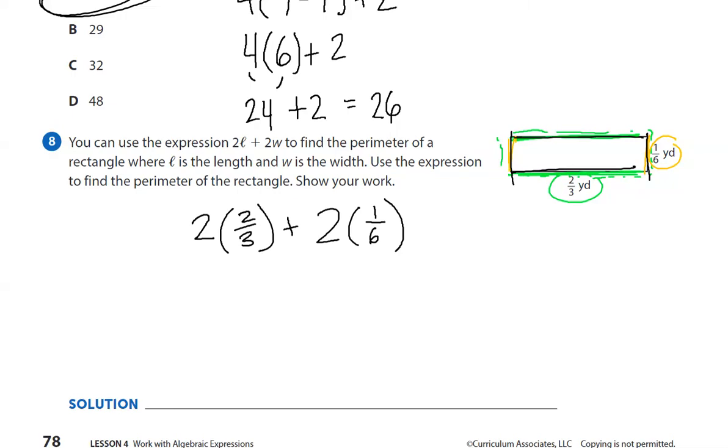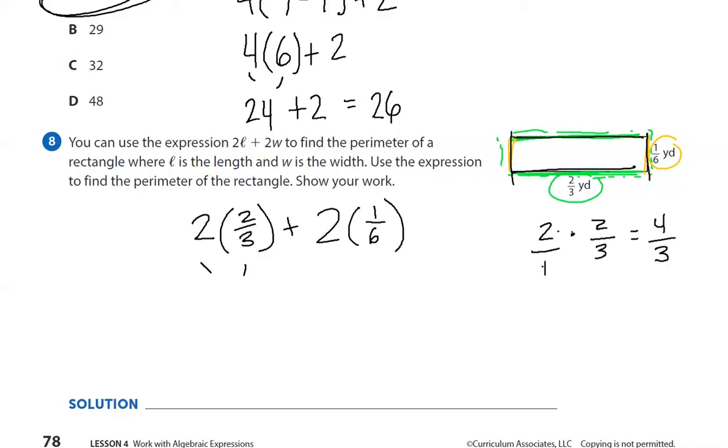Okay, so we have to do our multiplication first. 2 times 2/3. Just as a refresher, we'll do it over in the corner. 2 times 2/3. All you do is, remember, to make a whole number into a fraction, put a 1 under it. Now it's a fraction. 2 times 2 is 4. 1 times 3 is 3.